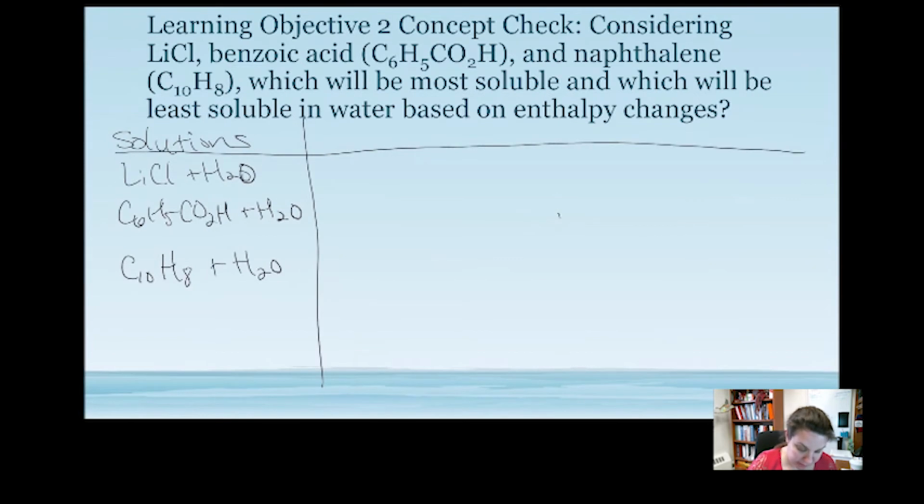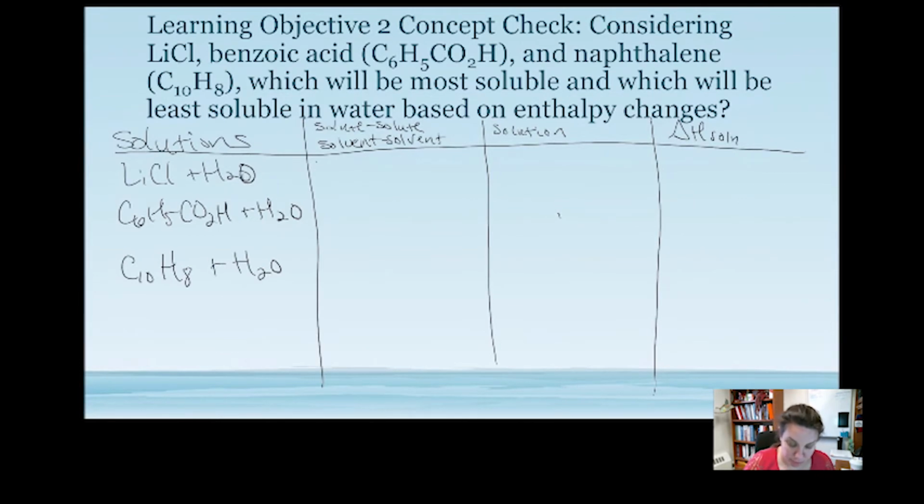What we need to look at are our solute-solute and solvent-solvent interactions, and then we're going to look at our solution interactions, and from there determine what our delta H of solution is.